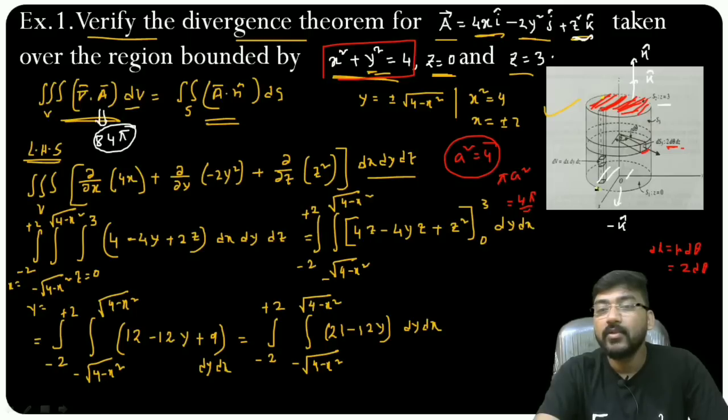That means z is equal to 0 to z is equal to 3, and at the same time your θ should move from 0 to 2π. When θ moves from 0 to 2π, this small rectangle will cover this whole area.